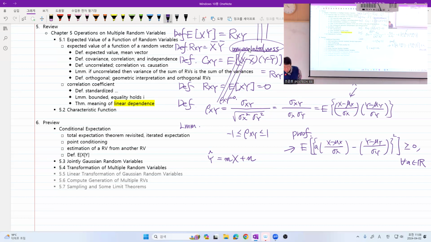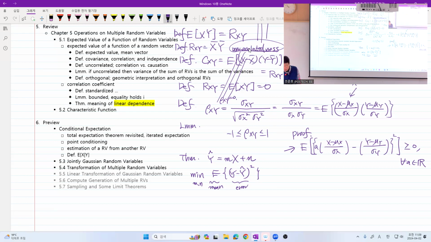Then the mean squared error, this is mean, this is squared, and this is error. When it is minimized over m and n, what do we have?